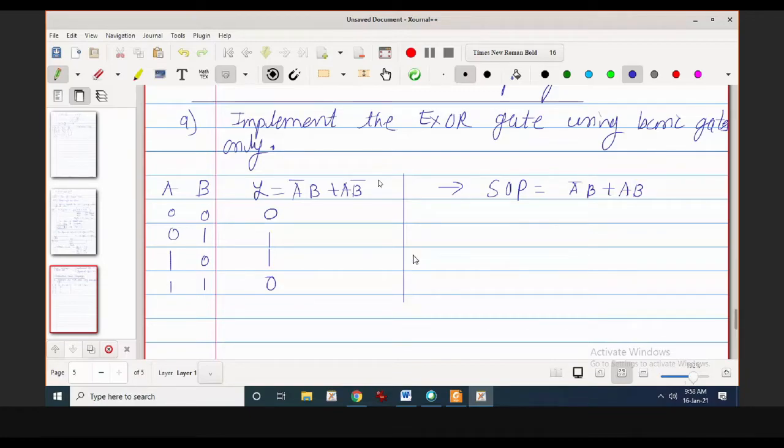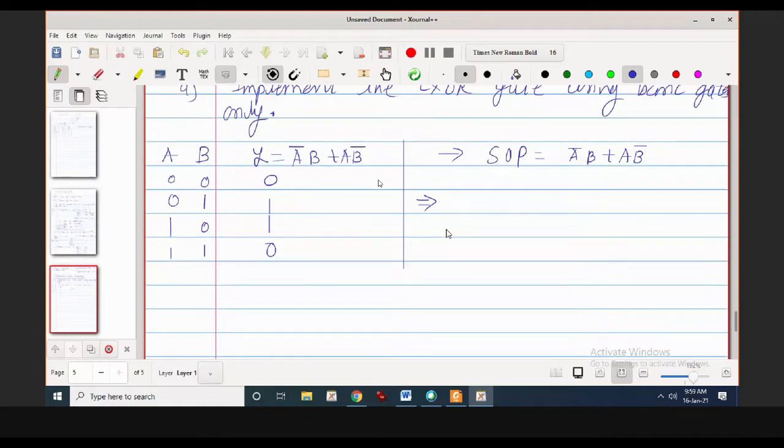Now how can I implement this? You have to just analyze this thing in the initial days, because later on when you do the practice, then by looking at the SOP itself you can understand directly, but in the initial days you have to follow a few steps. So this SOP is basically my Y.